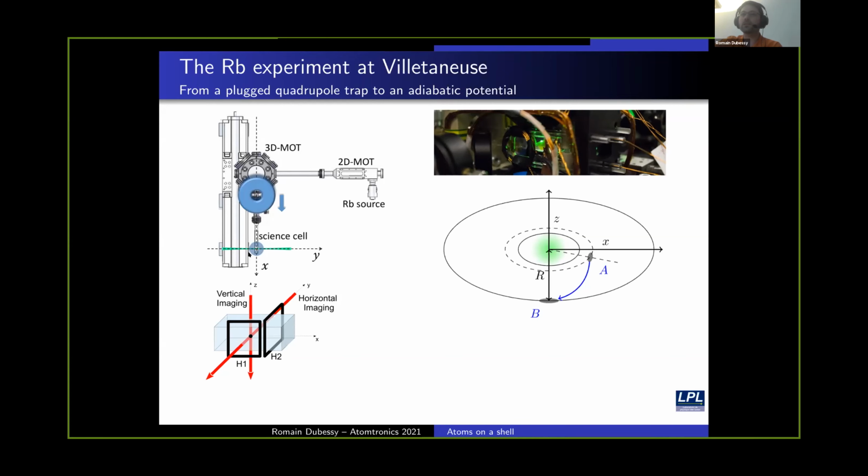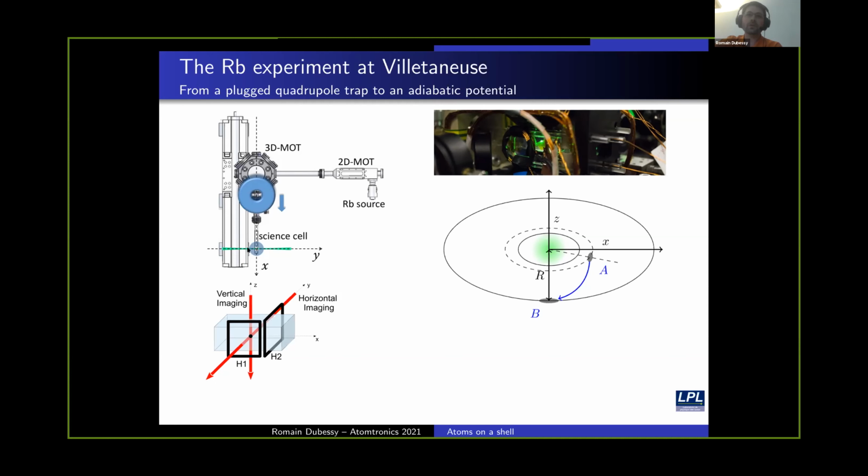The science cell is a tiny glass cell that you can see here among all the coils where the green light is shining. We do so to get the atoms away from the MOT region where the pressure is fairly high and to get a long lifetime in our trap in this science cell.